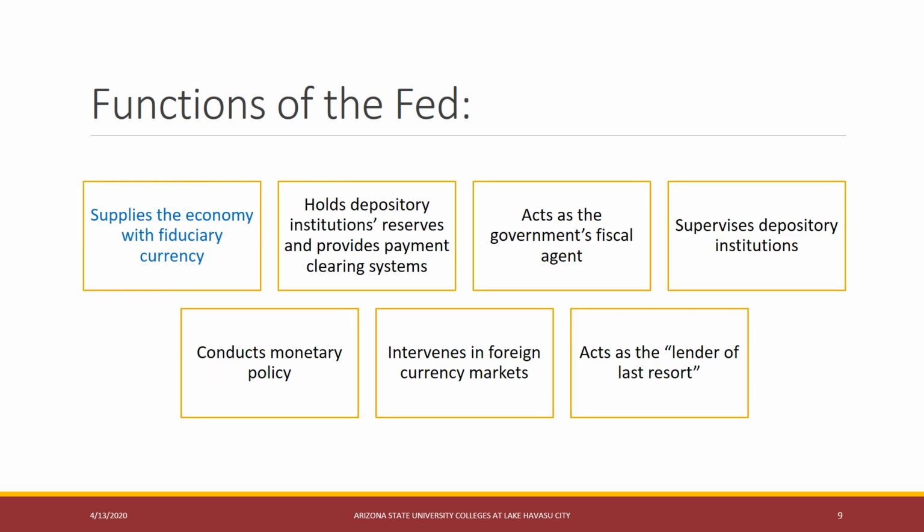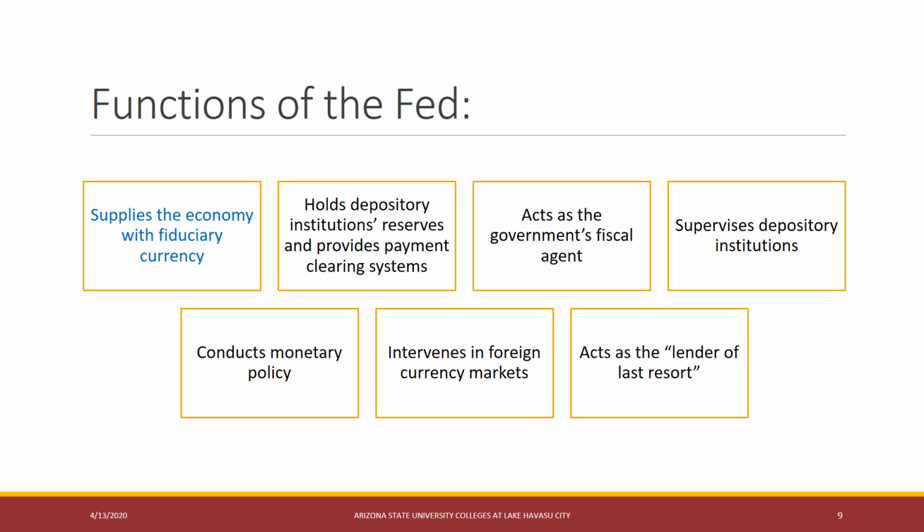The first function is that the Fed supplies the economy with fiduciary currency. The Federal Reserve Bank supplies the economy with paper currency, which is called the Federal Reserve Notes.